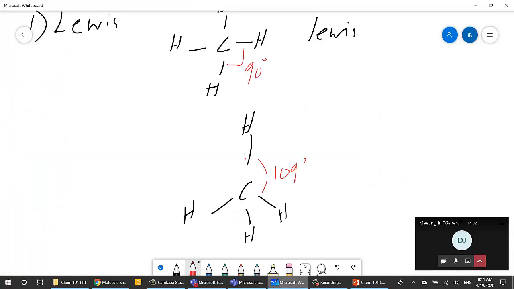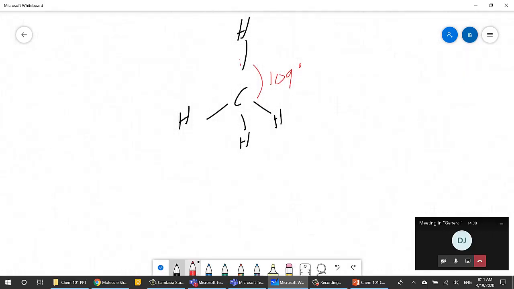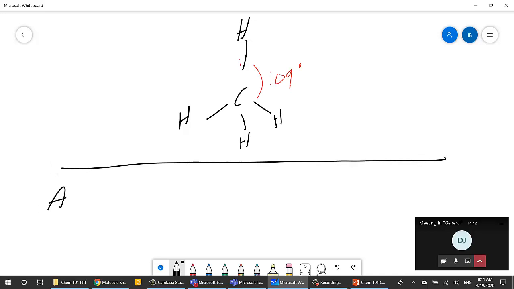Next example. Let's take another example, which is boron trihydride, or even we can take aluminum, the AlI3, which is actually also equivalent to AlCl3 and BH3. These are all the same.